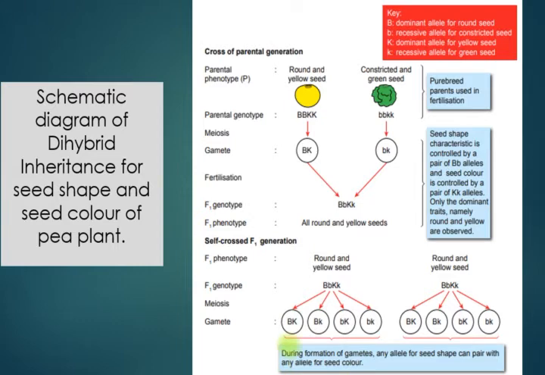The allele for the seed shape can pair with any allele for the seed color, as you can see from here. So big B is possible to pair with big K, and big B is also possible to pair with small k. So that is referred to as Mendel's second law.